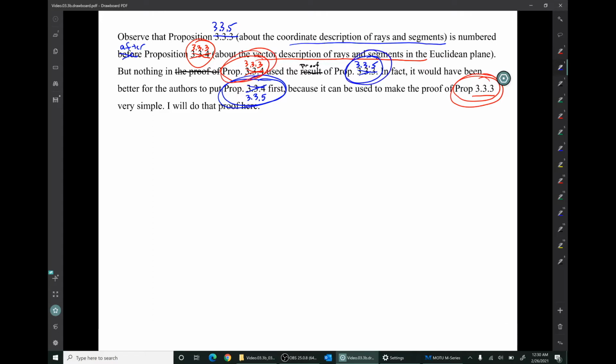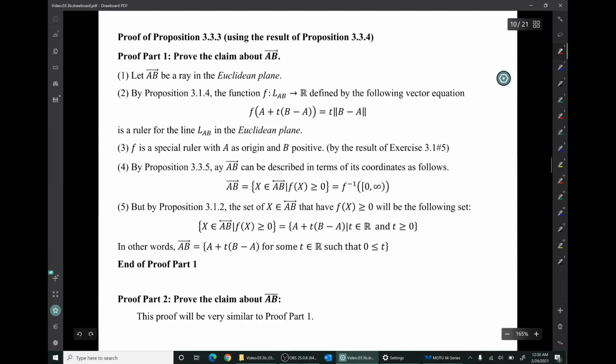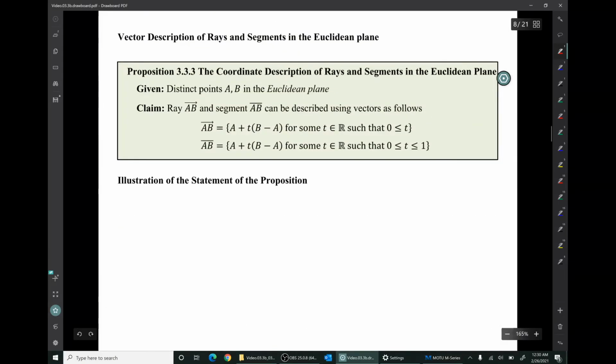So we're going to use the proposition 3.3.5 result to prove proposition 3.3.3. So here's how we'll prove proposition 3.3.3. Now remember what that proposition says. It says that ray AB in the Euclidean plane equals this set, the collection of points that correspond to this vector constructed this way.